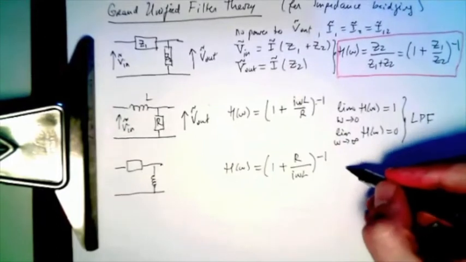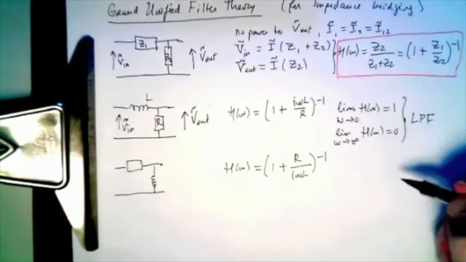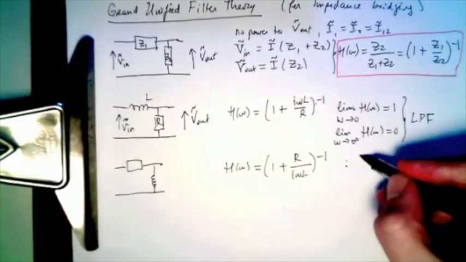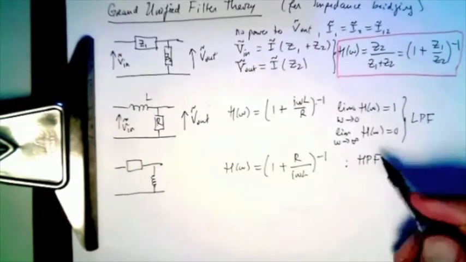So instead of writing the limits, it's just a high pass filter. You should see it now, right?